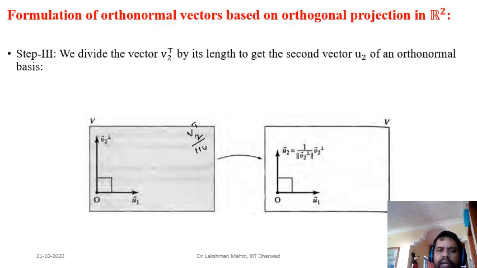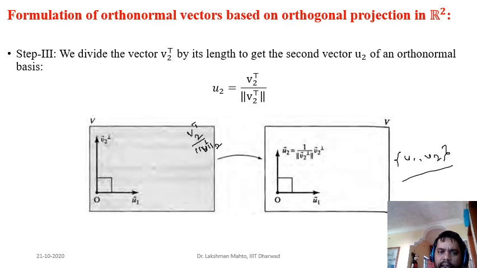So we have already constructed an orthonormal basis of the two-dimensional subspace V. Now we have u1 and u2, which form an orthonormal basis of V.